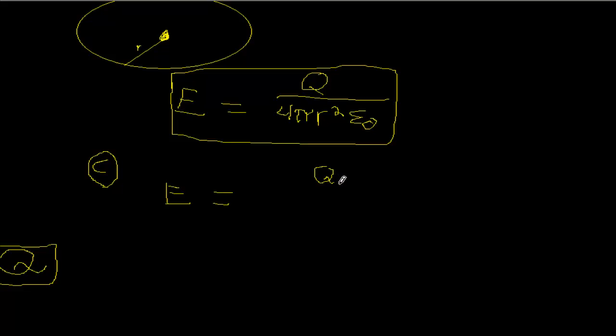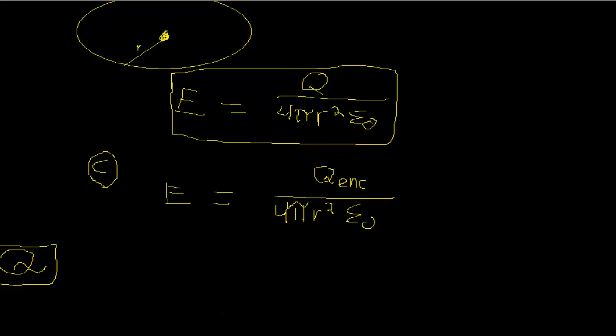Notice I'm putting the enclosed because we're not sure what that enclosed charge is, divided by 4 pi little r squared times epsilon naught. So it's the same exact thing as our other expression, except that we don't know what the Q enclosed is at this point.